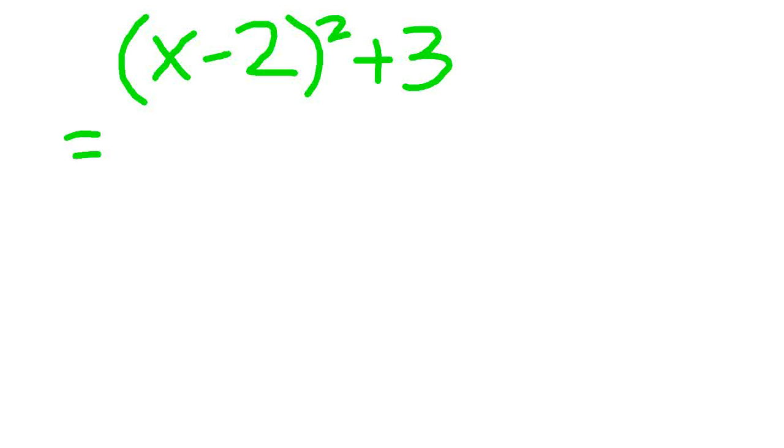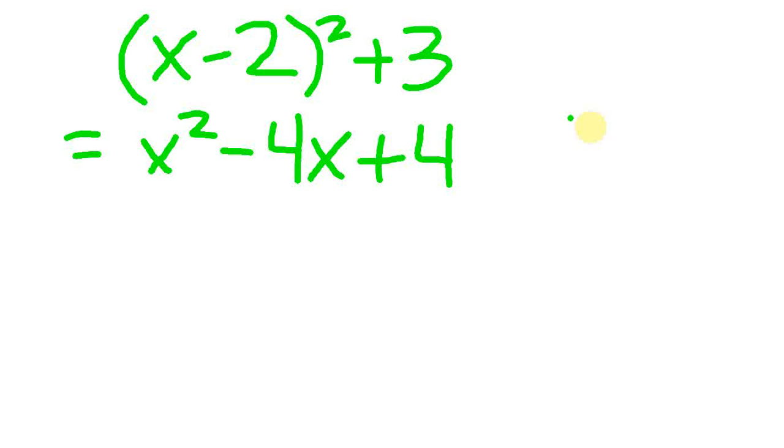Well, we can change this to a, b, and c by expanding (x - 2)², and that becomes x² - 4x + 4, and this 3 comes down also.